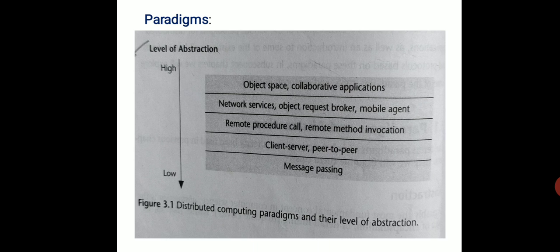So these are all the distributed computing paradigms. At the lowest level we have message passing, and at the highest level object space and collaborative applications. These are highly object oriented paradigms at the highest level of abstraction.